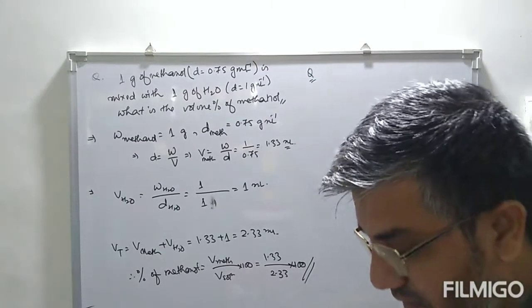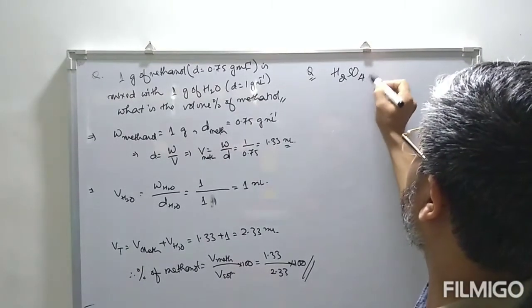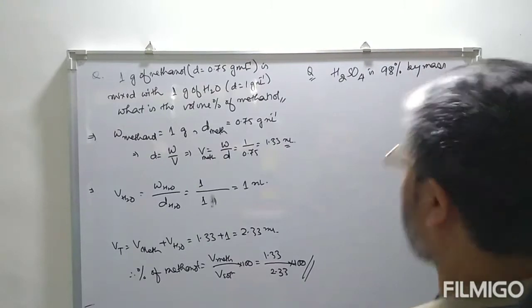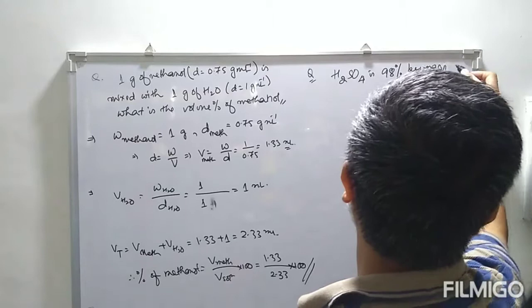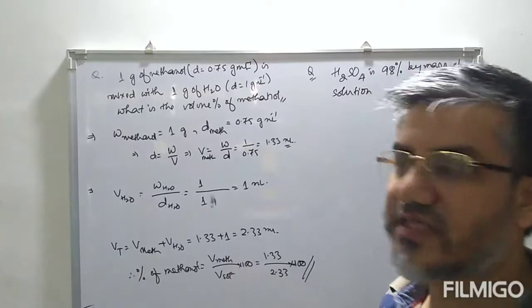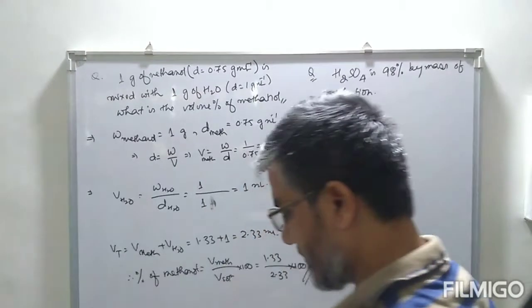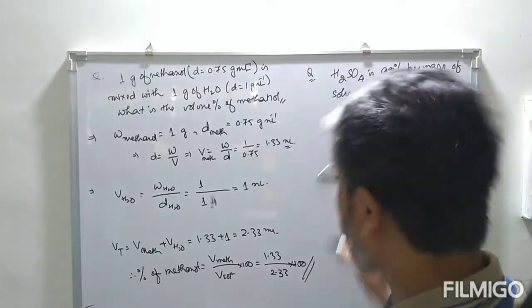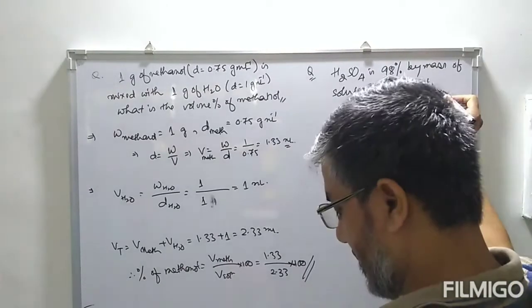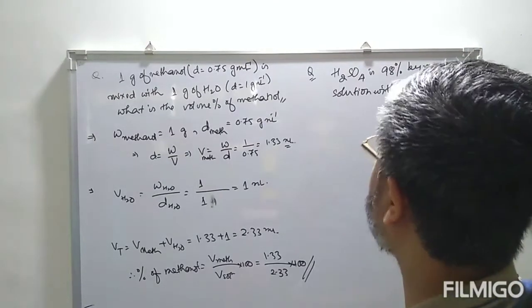This question: a sample of sulfuric acid is 98% by mass of solution with density 1.8 gram per ml.